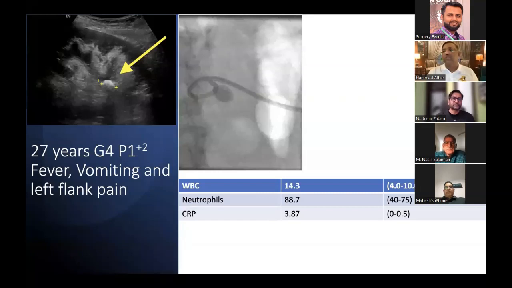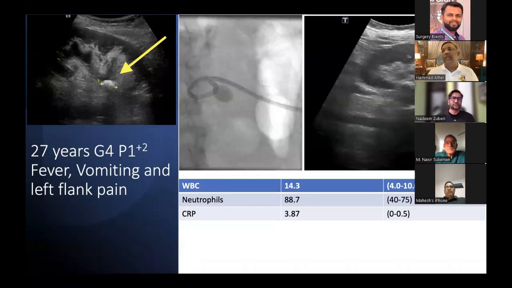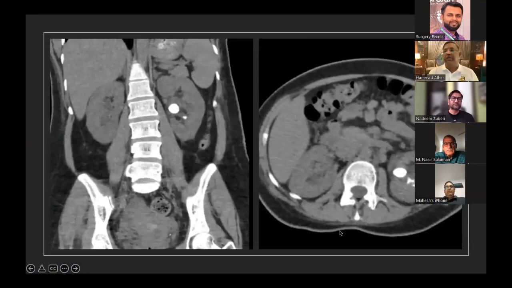The whole process was done under ultrasound guidance, under local anesthetic. We did follow-up scans with an ultrasound to make sure that the PCN was in place, the hydronephrosis settled down with the nephrostomy tube, her symptoms settled down, and she was subsequently managed after pregnancy was over.